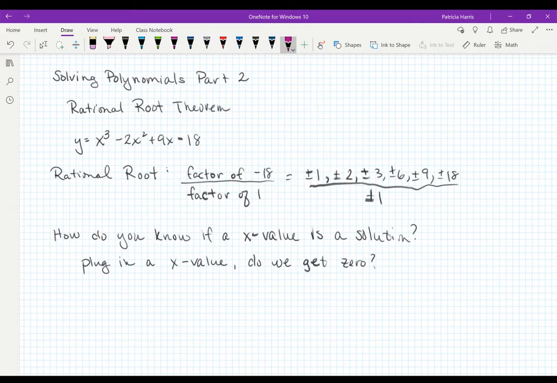Now, in the interest of time, and since I'm the teacher, I already know that x equals 2 is a root. So let's confirm.